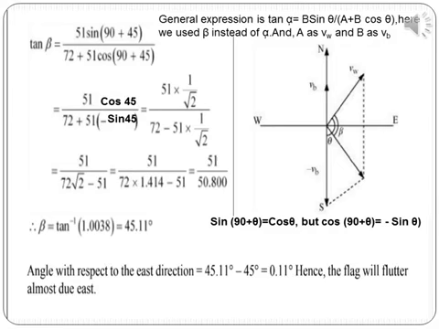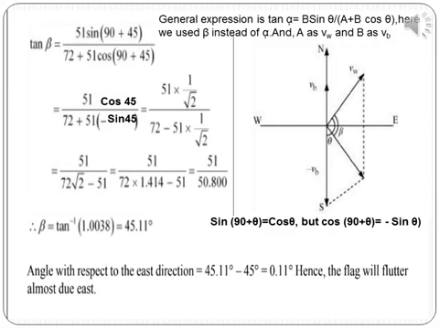Then tan beta is equal to 51 sin(90 plus 45) divided by 72 plus 51 cos(90 plus 45), which is equal to 51 cos 45 divided by 72 plus 51 into minus sin 45.